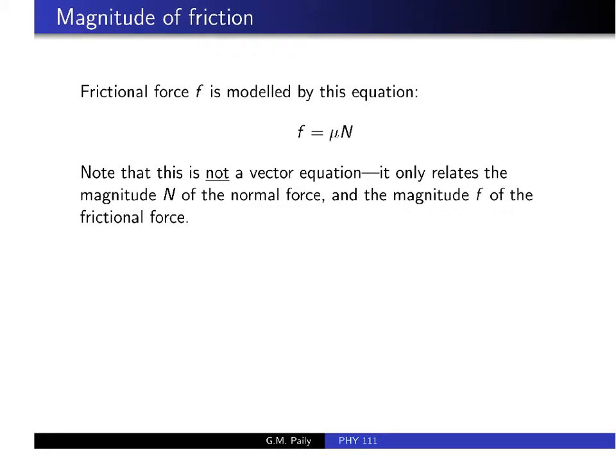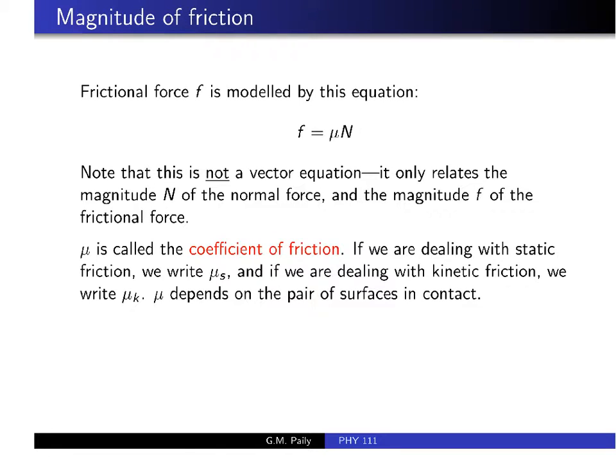At the moment, this is not yet a correct equation because I haven't yet specified is it static, is it kinetic, and so on. Mu is called the coefficient of friction. Since both the frictional force and the normal force are forces measured in newtons, we can see that mu, which would be the frictional force divided by the normal force, will be a dimensionless number, right?